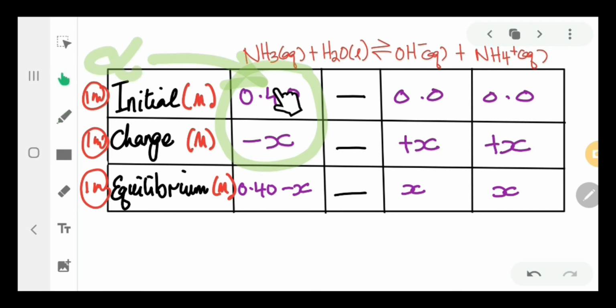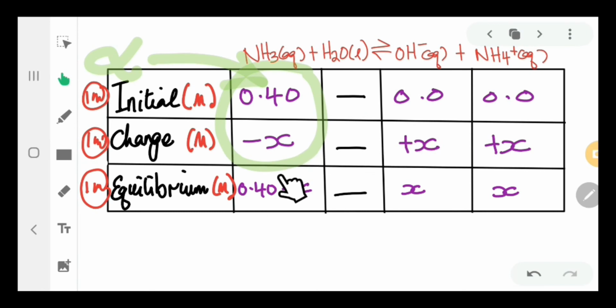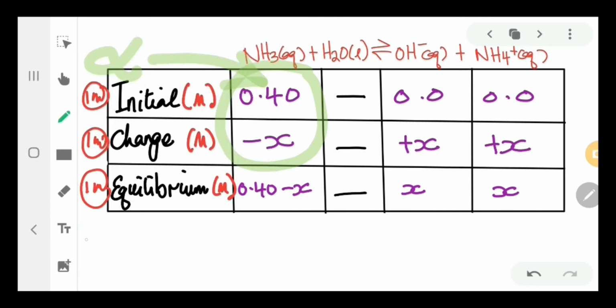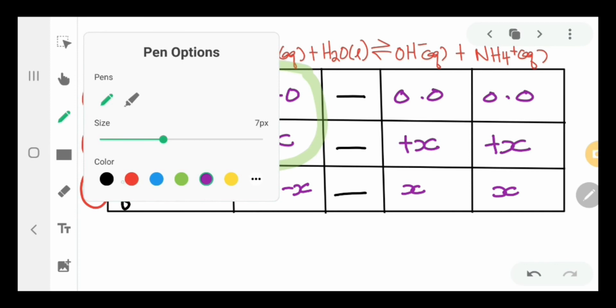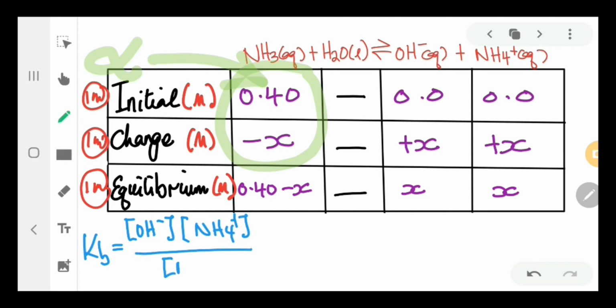We know that the initial is this, and we want to know the value of X. The question gives you the KB value, so we can use that to find the value of X. The next thing you need to do is write the KB expression, which is the concentration of OH minus times the concentration of NH4 plus over the concentration of NH3.